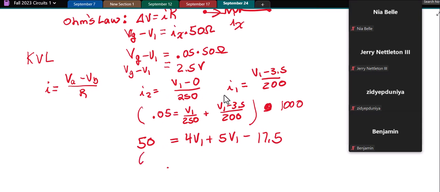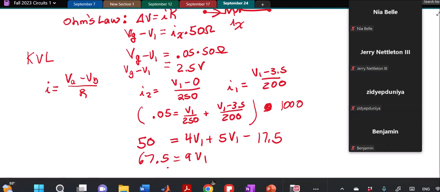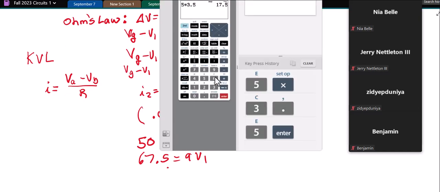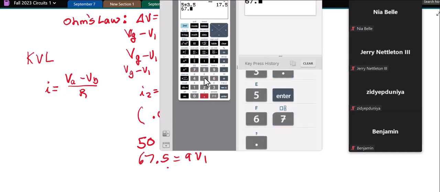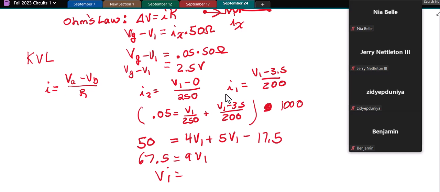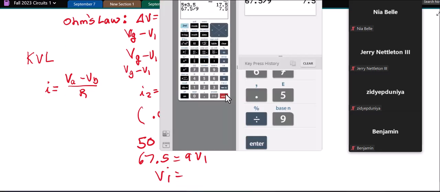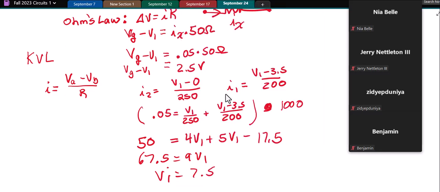So 67.5 equals 9V1, or V1 equals whatever that calculator just said, 7.5 volts.